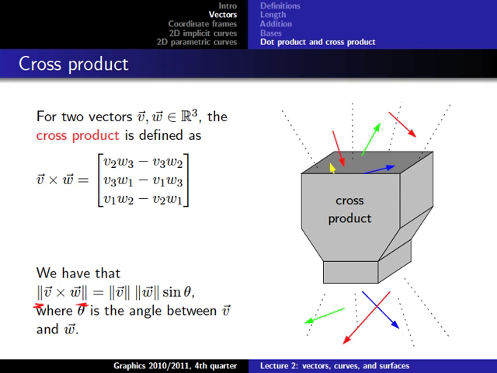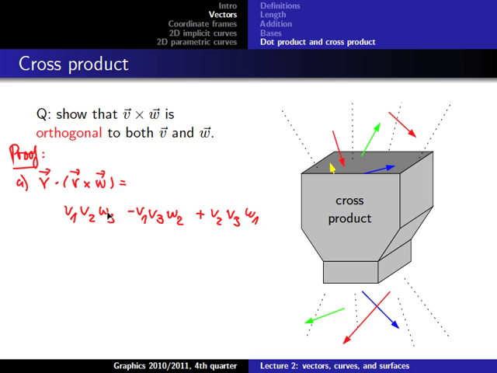I make this cross product, and then I immediately multiply this v1 to these two coefficients, v2 to these two coefficients, because that's how the scalar product is defined. And then we have here minus v2, v1, w3 plus v3, v1, w2 minus v3, v2, v1.